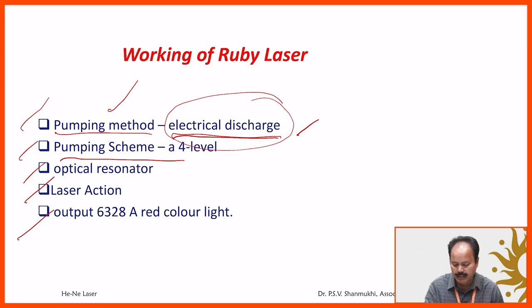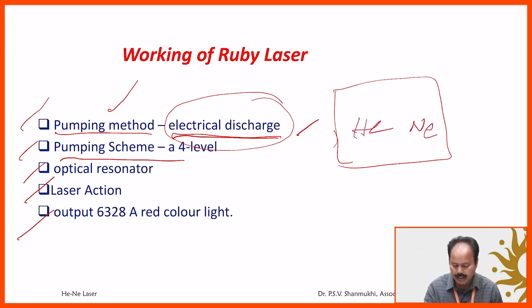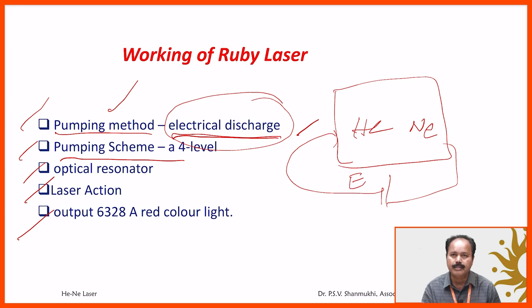I will tell you, this is the chamber. In this one, helium atoms and neon atoms are there. Whenever it is subjected to the electric field, because of the electrical energy, the ionization process takes place, meaning the outermost orbit electrons will be removed.